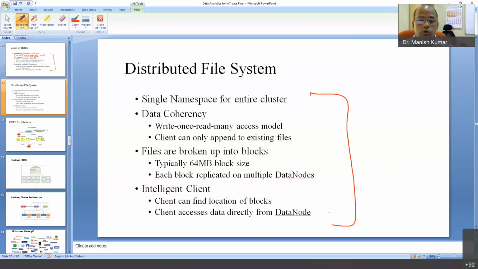So this is typical of what is possible in the distributed file system: files may be broken into blocks. You have data coherency, which means you can write once and read many times. Obviously, a client can only append to existing files. Okay, we have a namespace system, and then we have slave nodes, which are monitored by the namespace itself.